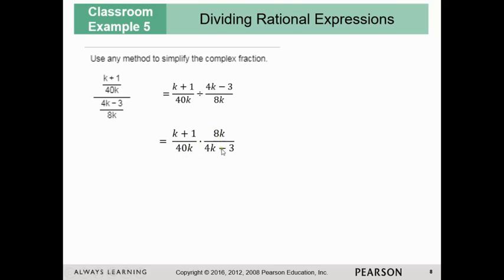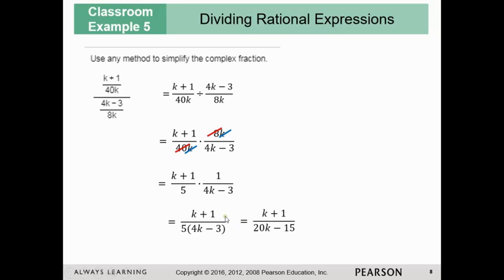So first the k will cancel out, and then the 8 over 40 will not cancel, but it will reduce. So the 8 becomes 1, the 40 becomes 5, and then we just multiply this across here, and we've got our simplified fraction here. We could write it this way right here by distributing the 5 there.